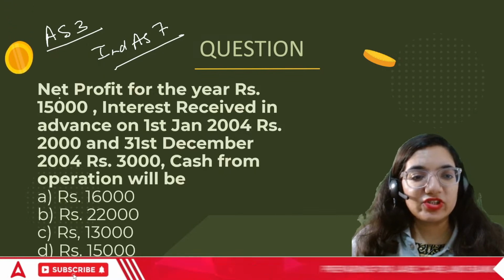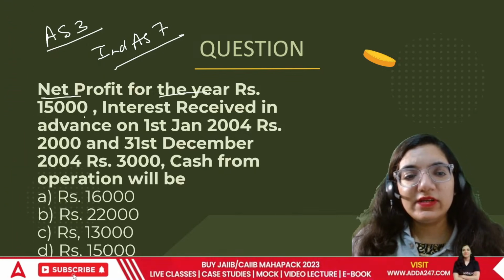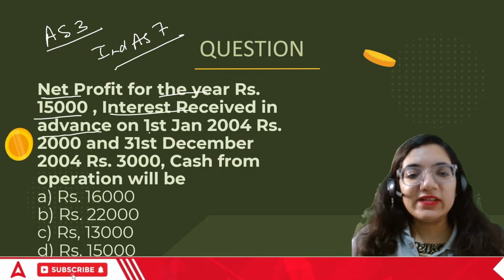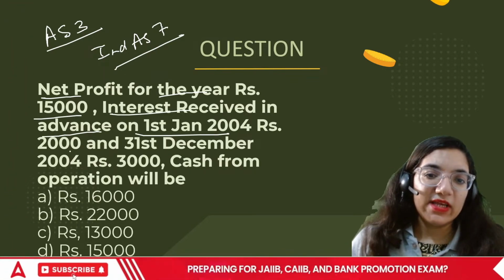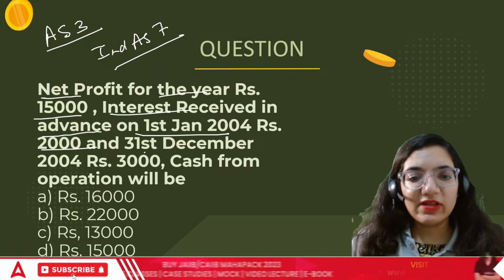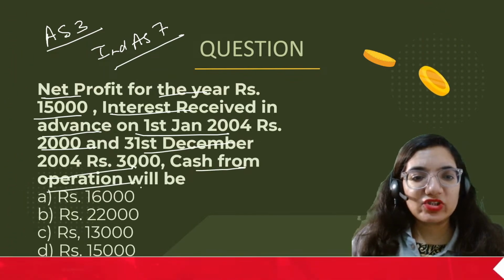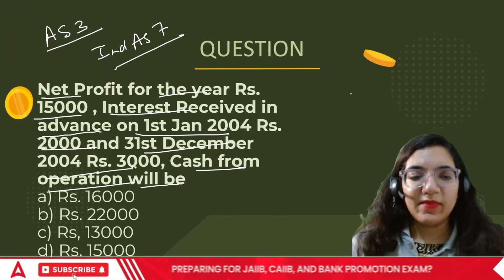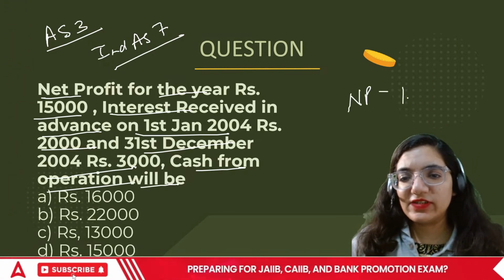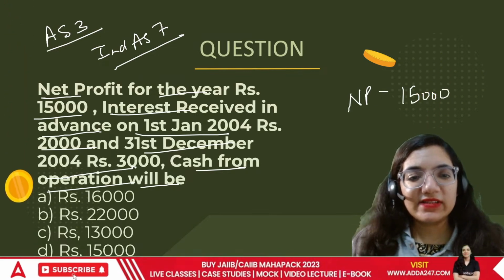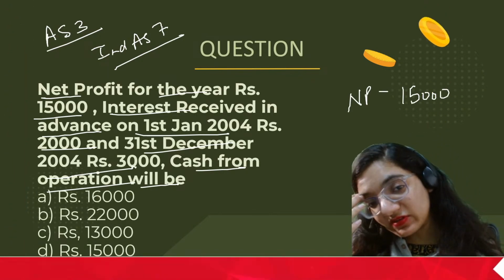Here comes the question. Net profit for the year rupees 15,000. Interest received in advance on 1st Jan 2004 rupees 2,000. 31st of December 3,000. Cash from operations will be. Okay, my net profit is 15,000 rupees. Interest received in advance on 1st of January 2004.